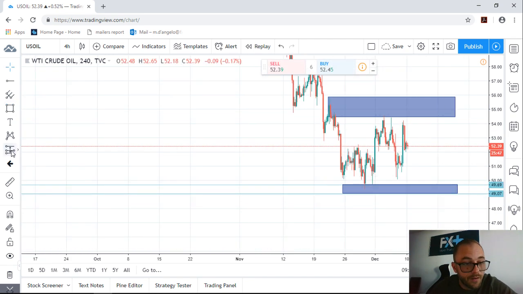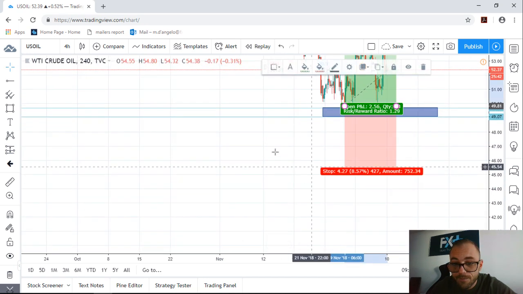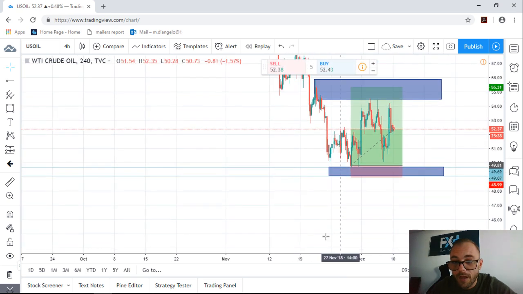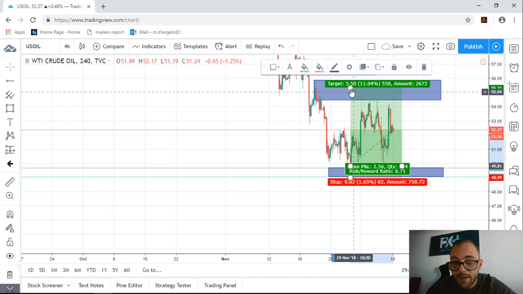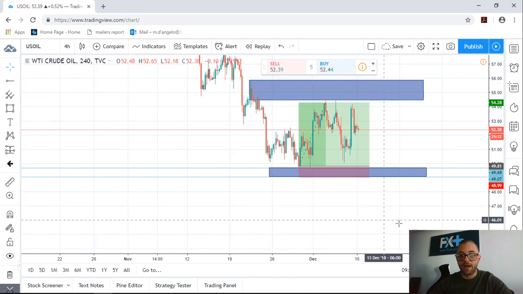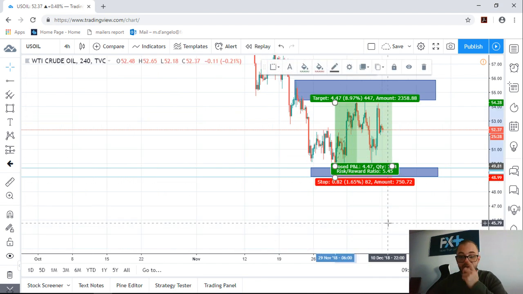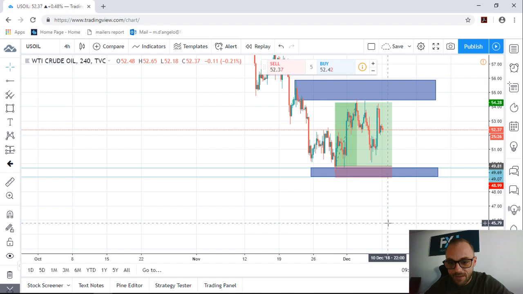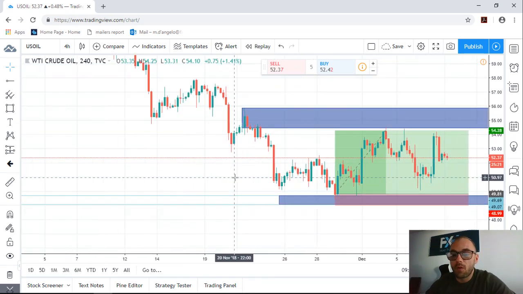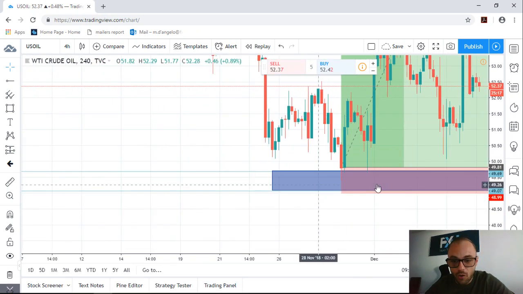right? So if we calculate that particular one, we have entered here with a stop loss under our supply zone and a final target on our supply zone. So we're looking at a 1 to 5 trade in this particular case with simply no maximal drawdown whatsoever.